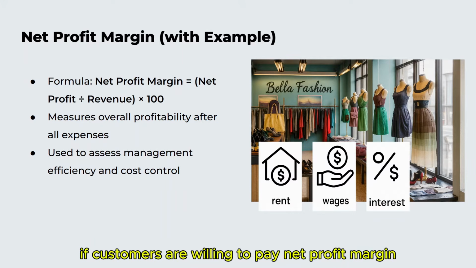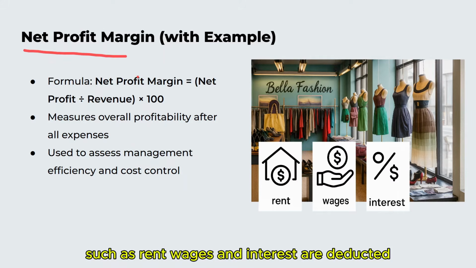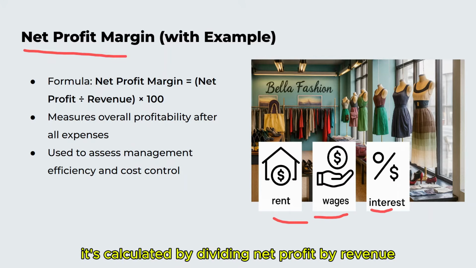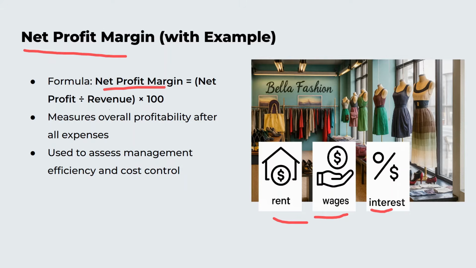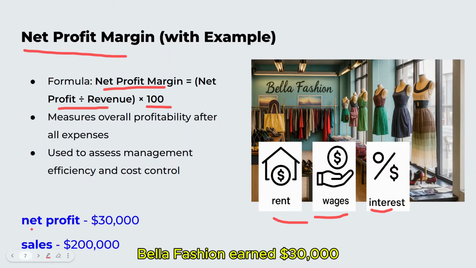Net profit margin. Net profit margin shows how much final profit is made after all expenses, such as rent, wages, and interest, are deducted. It's calculated by dividing net profit by revenue, then multiplying by 100. Let's continue with the same business. After paying all expenses, Bella Fashion earned $30,000 net profit from $2,000 in sales.